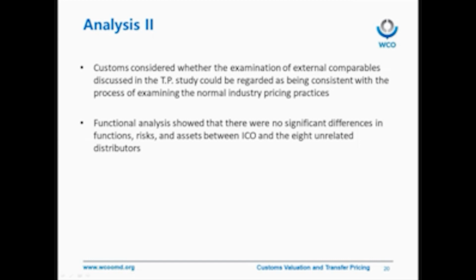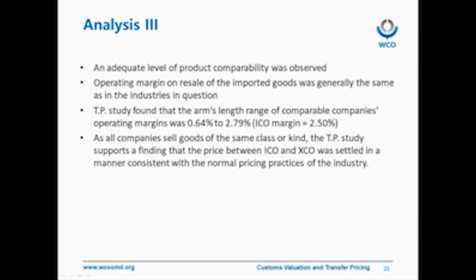And what kind of information do we get from these TP studies? Functional analysis shows that there is no significant difference in functions, risks, and assets between ICO and the other 8 unrelated distributors. And we also find this information: an adequate level of product comparability was observed, and the operating margin on resale of the imported goods was generally the same as in the industry in question.